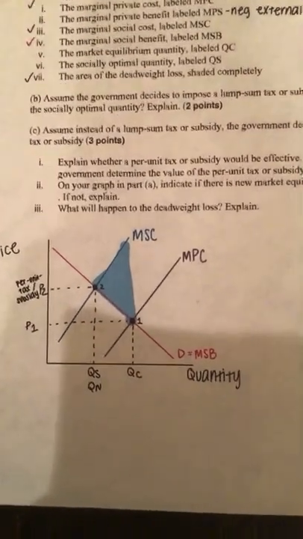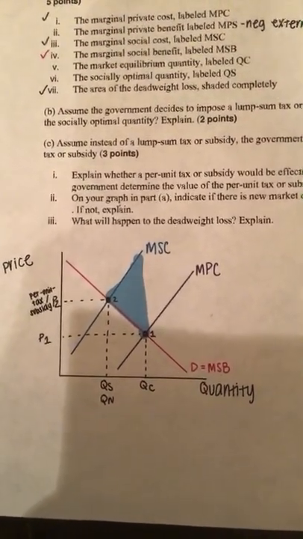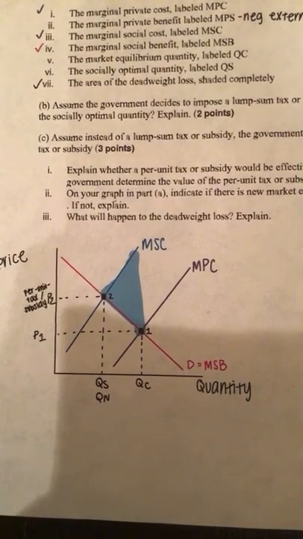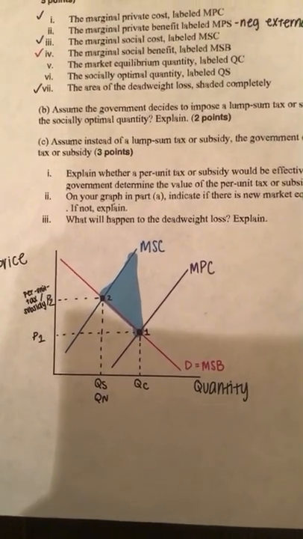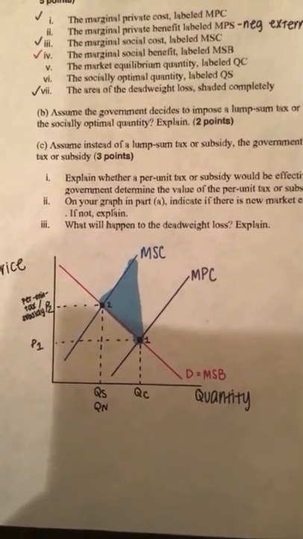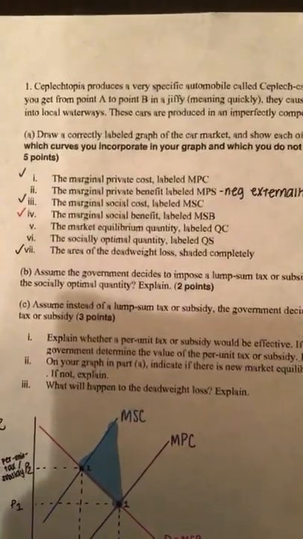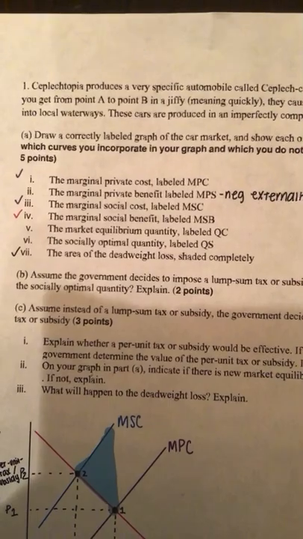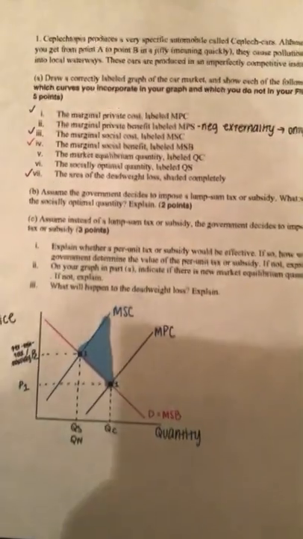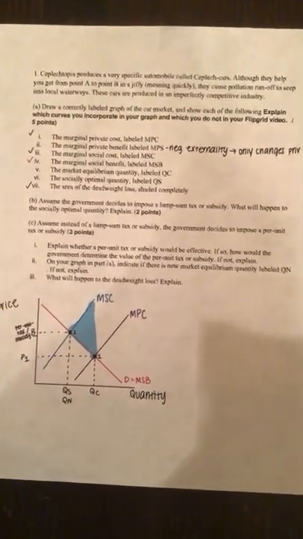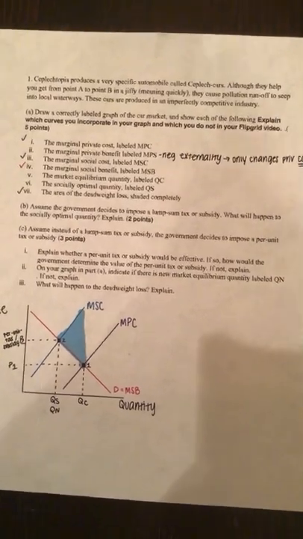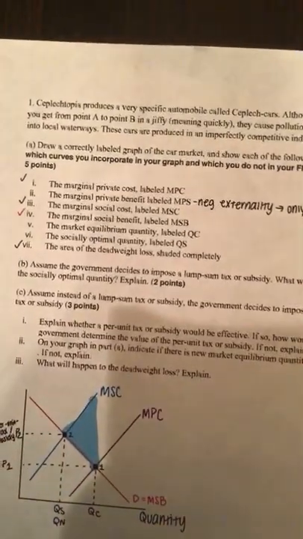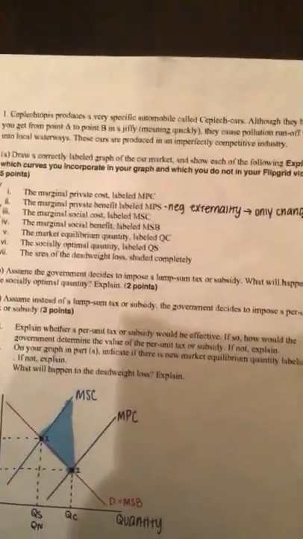So here's my graph. I included marginal social cost, marginal private cost, demand. You would not include marginal private benefit or marginal social benefit because this graph and situation is a negative externality, because it has a negative result.